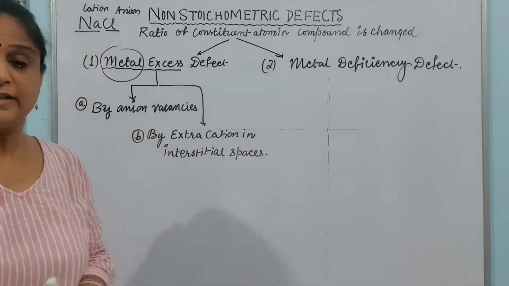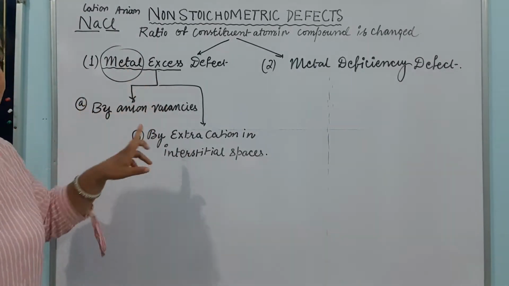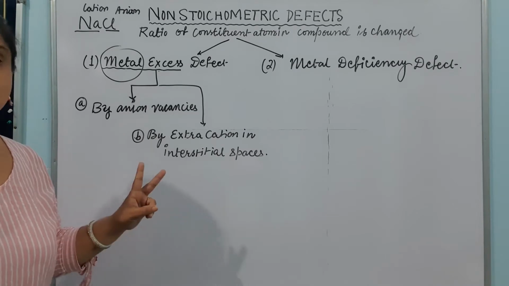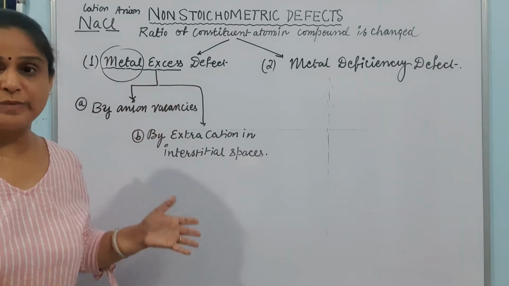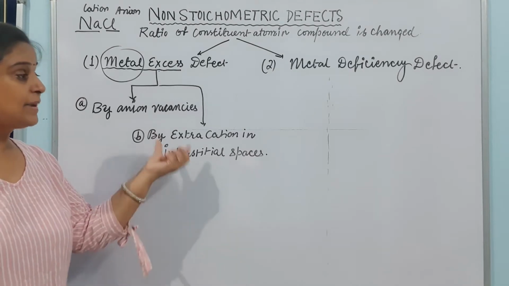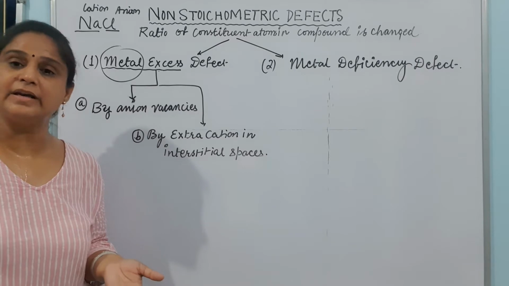So there are two reasons due to which metal can be in excess in a crystal. Either you remove the anion so that the cation automatically becomes more, or you put extra cation into it, then also the cation will be in excess.